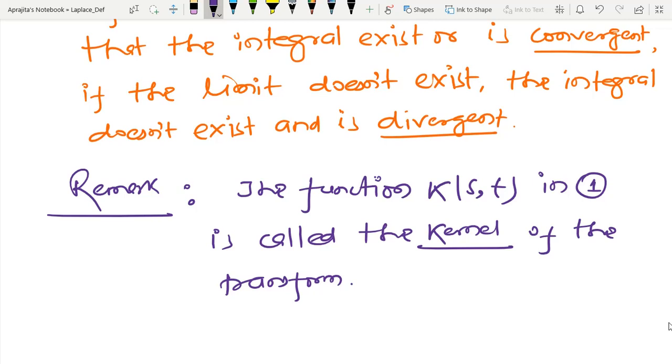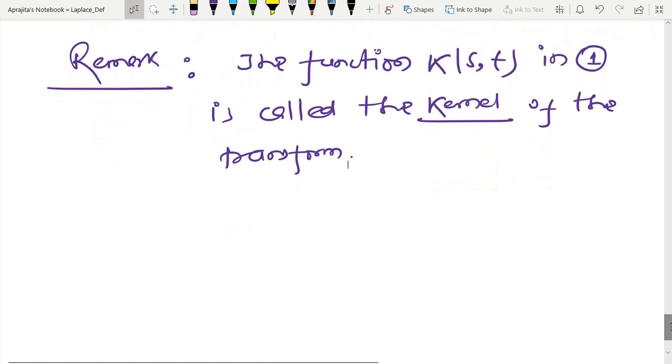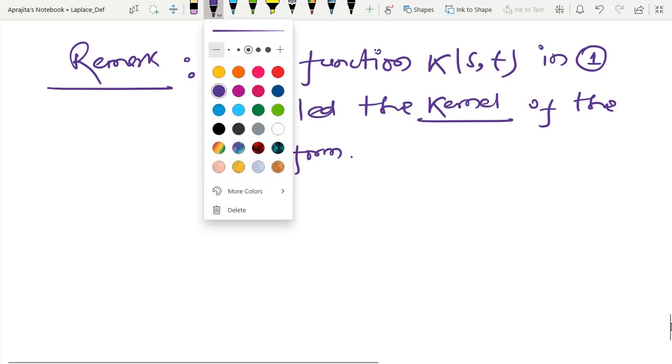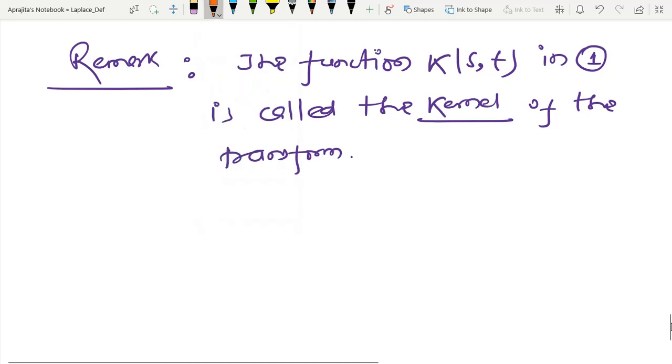and that will give us a very important transform, called the Laplace transform. So let us now try to summarize that transform.